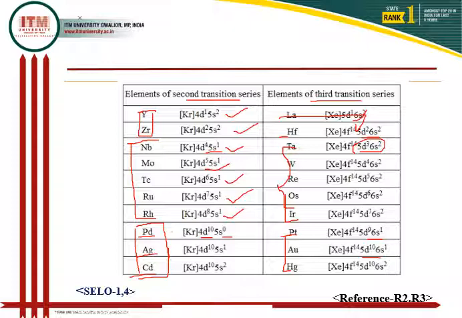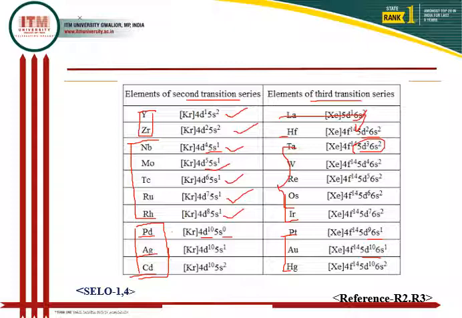So we can see the last three elements of the second transition series and the last three elements of the third transition series are almost showing differences in the valence shell configuration.